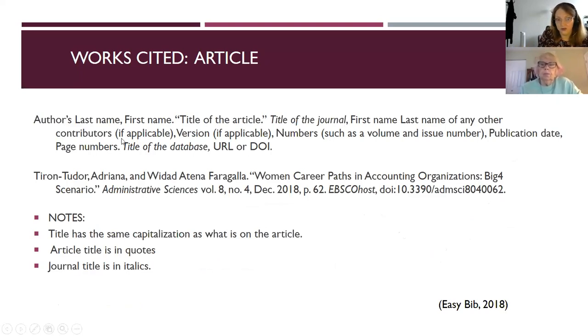And then if there are any other contributors, version numbers, typically issue number, volume number, date, page numbers, the database, and then something specific like a URL, a link to it, or a DOI, which is a specific number just for that article. And the title should have the same capitalizations, with the article titles in quotes and journal titles in italics. So that's how you can tell.